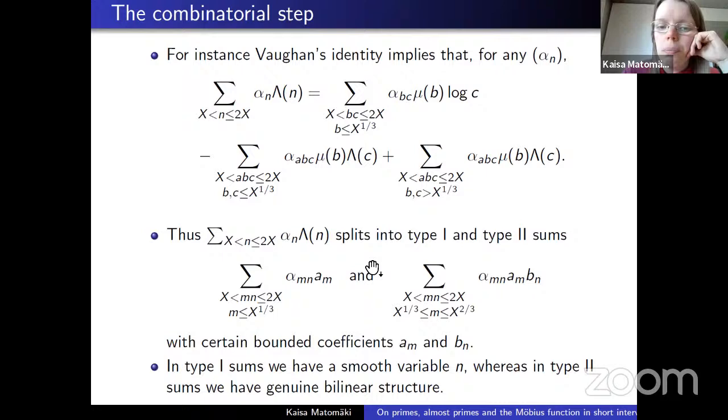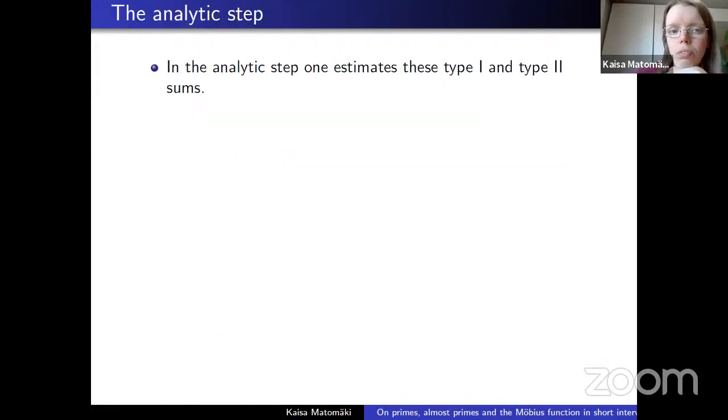And then there are various sieve methods that one can use. For detecting almost primes, one can use, say, Richert's sieve, but also for the primes, one can use Harman's sieve, where you do a similar decomposition, but you can throw away some parts if you just want a lower bound. Anyway, in the analytic step, one wants to estimate these type 1 and type 2 sums.